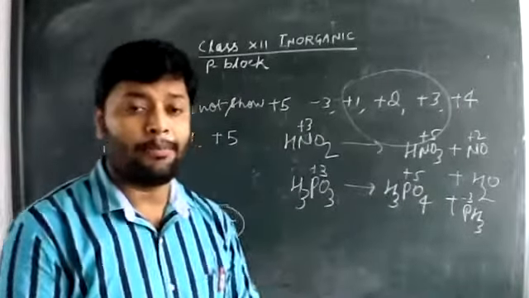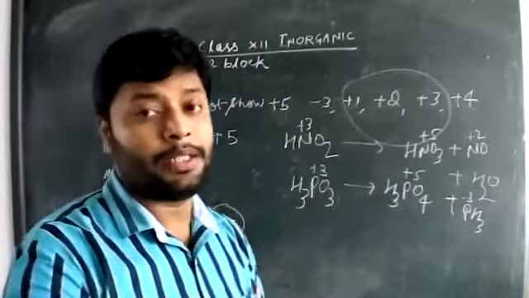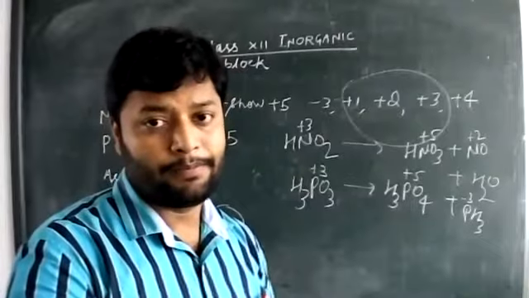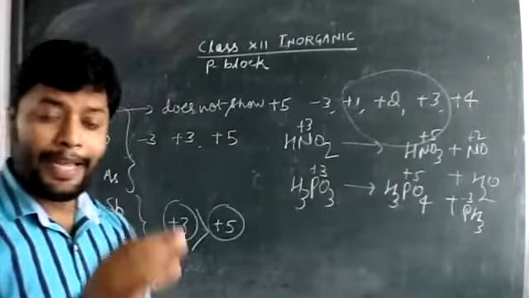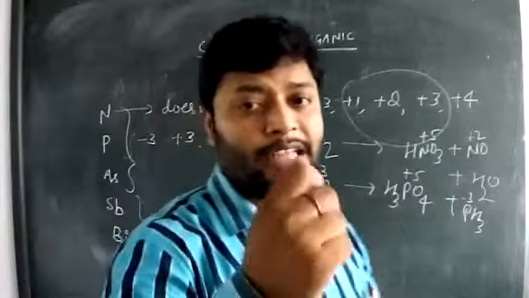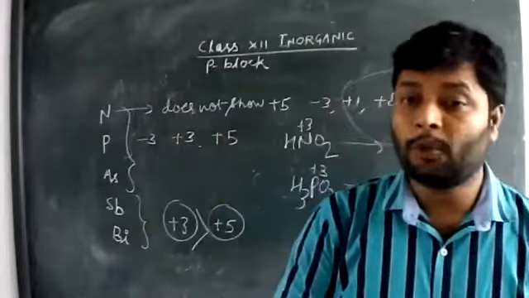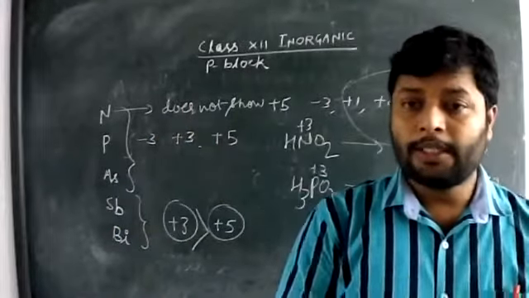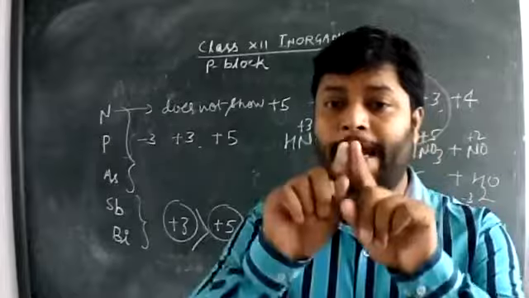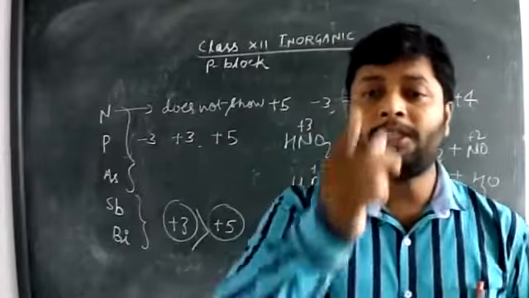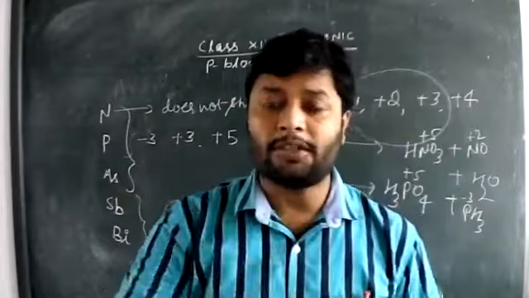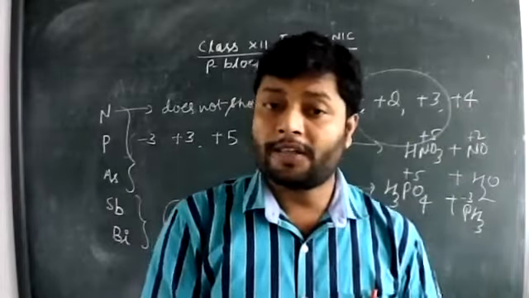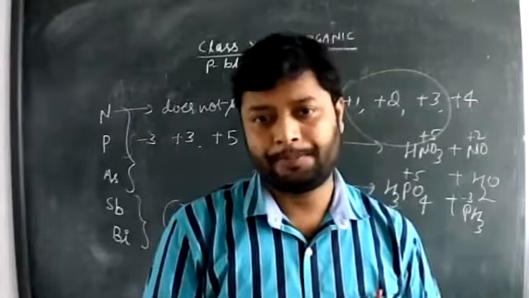Disproportionation reactions are the most important examples from the P block chapter, because the board may ask why elements go for this type of reaction. So you have to answer: the intermediate oxidation number can change into a more stable oxidation number by increasing and decreasing the oxidation number in oxidation and reduction reactions.